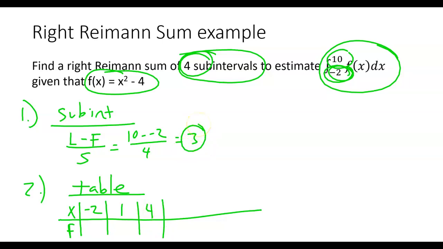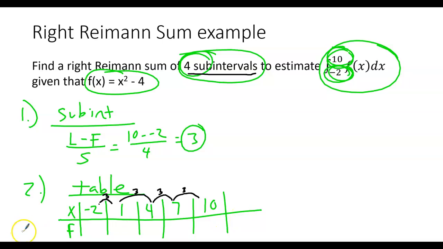Because that's this number here. And we just keep doing that until we get up to the number that we want, which is 10. So I stop. We're going from negative 2 to 10. And as you guys can see here, we should have 4 subintervals now that are equally spaced. So from here to here is 3. From here to here is 3. From here to here is 3. And from here to here is 3.